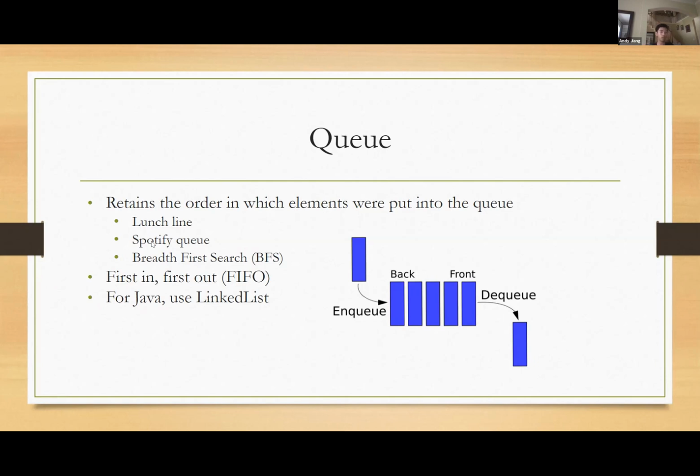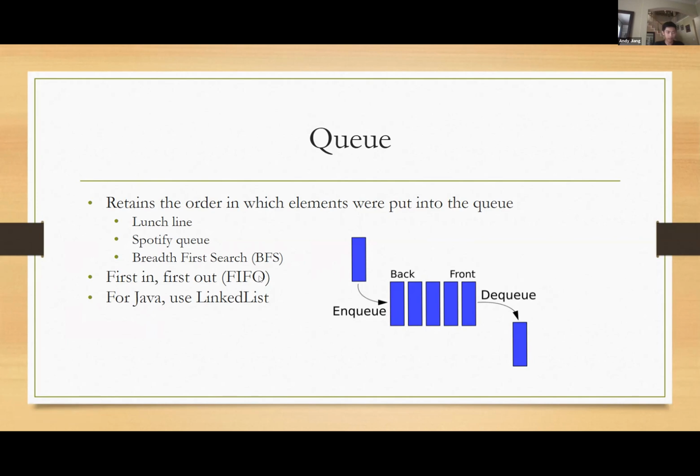You add songs to your queue and they play in the order that you added them. Something we'll see next time is breadth first search, or BFS, which uses a queue specifically. I'll get to that. So the terminology for this is first in, first out, because the first thing to go in always goes out first.